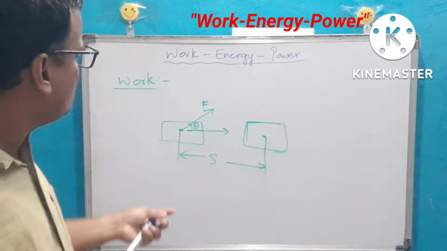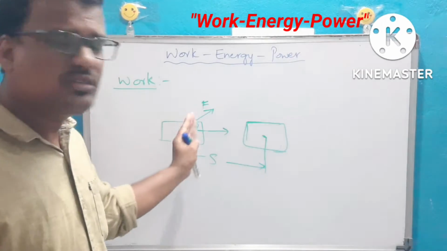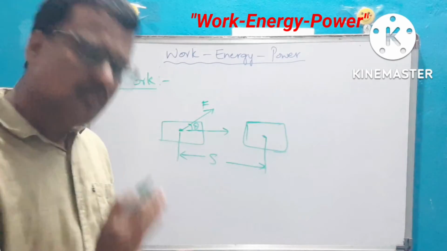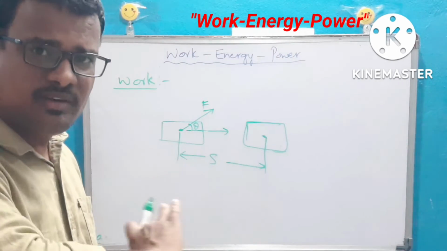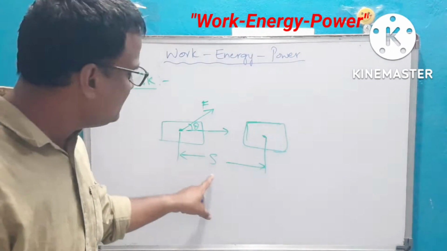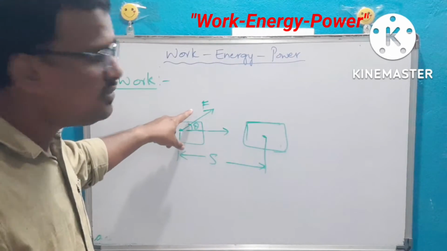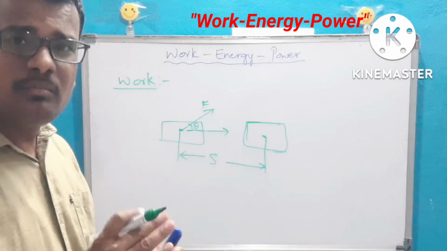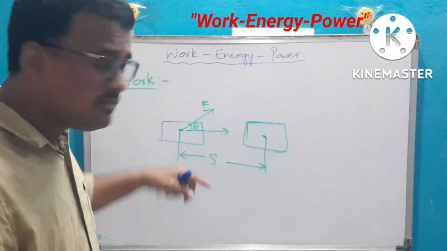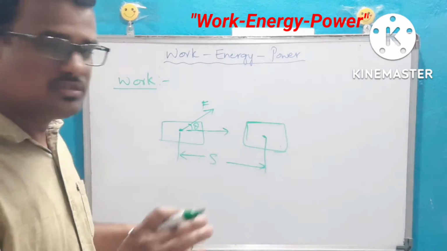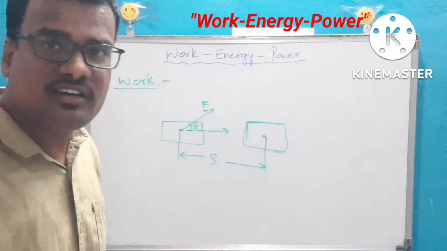Here, whenever some force is applied on a body, the body moves and displacement occurs in that body. The displacement we consider here is S and the force is F, and there is some angle between the displacement and the applied force, which we consider as theta.